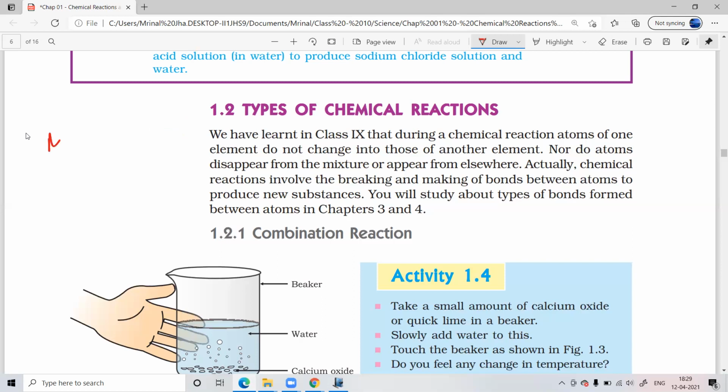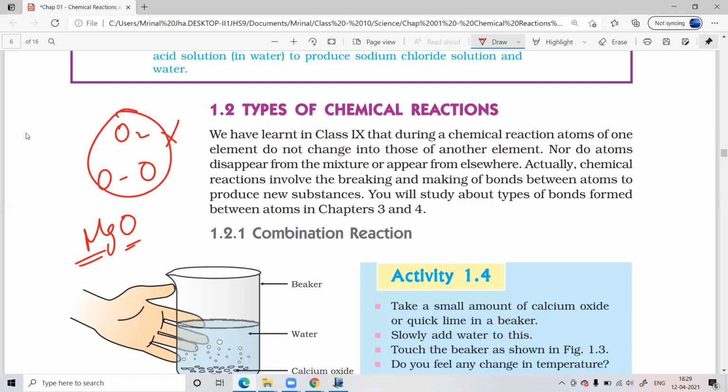Like in the magnesium oxide example, magnesium was alone initially, oxygen was alone, and they made a bond together and made this magnesium oxide, correct? So this kind of thing where bonds are broken and new bonds are created. Like in oxygen, it was earlier oxygen with oxygen, but later it became Mg with O, magnesium with oxygen. So this bond was broken and this new bond was created.